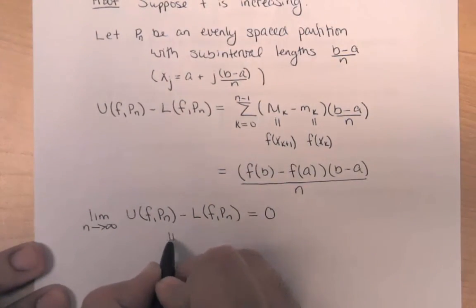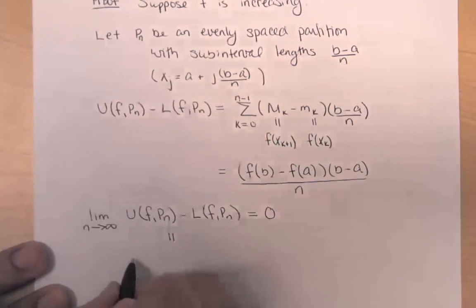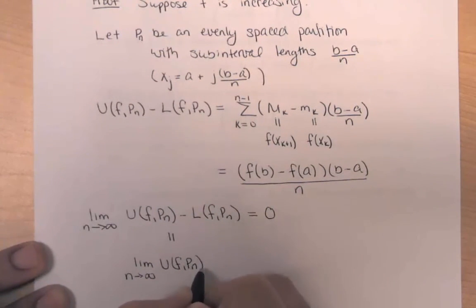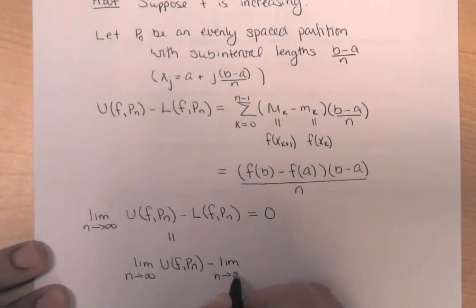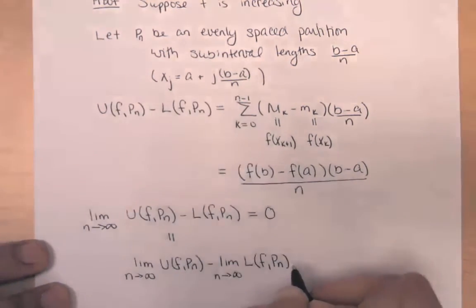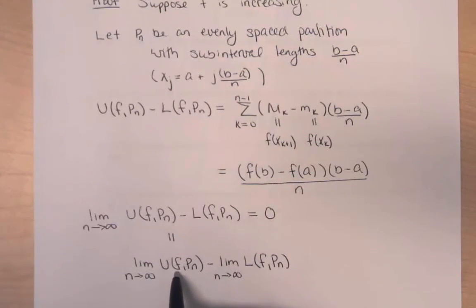Now, this is equal to the limit as n approaches infinity of the upper sum minus the limit as n goes to infinity of the lower sum. So consider this sequence. Every entry of this sequence is an upper sum for some partition.